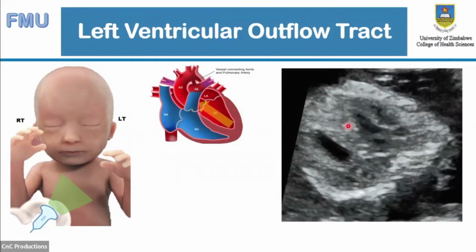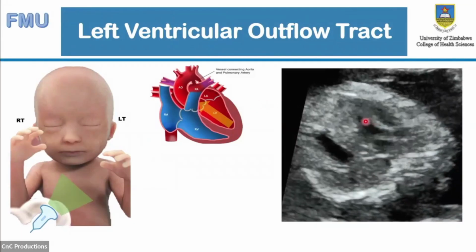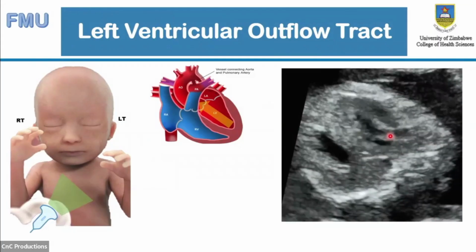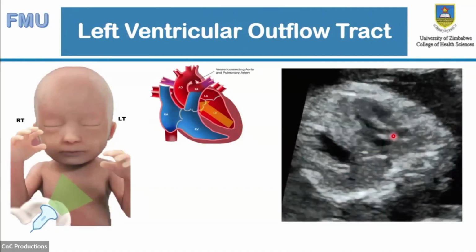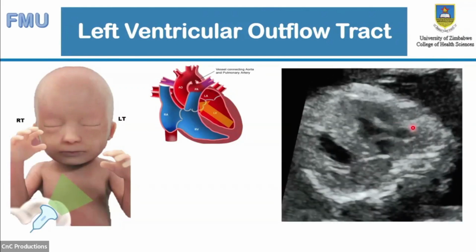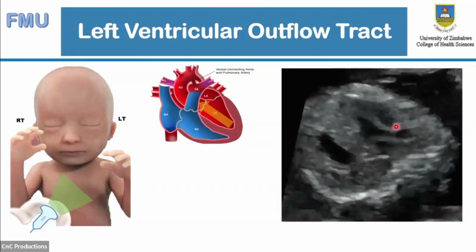So we have to produce this image to demonstrate that the aorta is originating from the left ventricle, and then there's an aortic valve over there that should be thin and freely moving to rule out pathologies like aortic stenosis. Then we have to see the continuity of the anterior wall of the aorta and that of the ventricular septum. They should be at the same level. This is another image that we can also use to rule out ventricular septal defects.